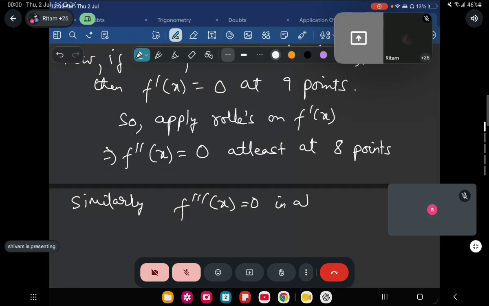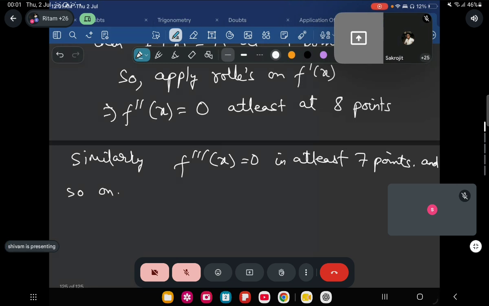At least 7 points. Tell me, are you people getting it? Anyone having any doubt, you can ask me. Means you keep on differentiating. So the r-th derivative of f will be 0 at least at n minus r points. Next.